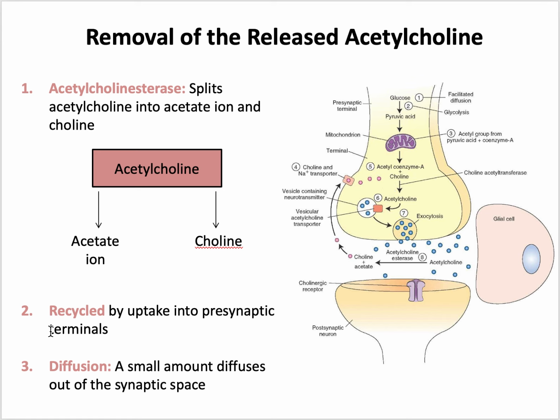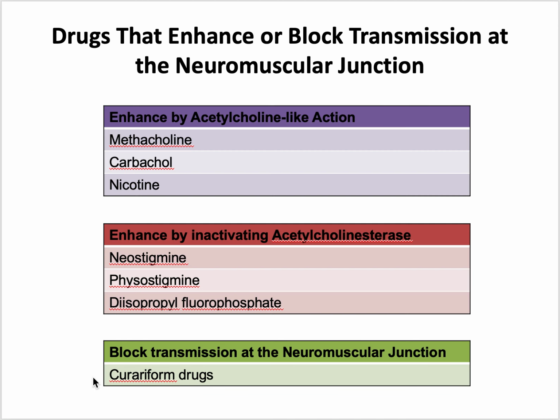We can also have acetylcholine or the breakdown products just diffusing away from the synapse. But we have to have that removed in order for that action potential to stop being propagated and for the skeletal muscle to be able to relax.